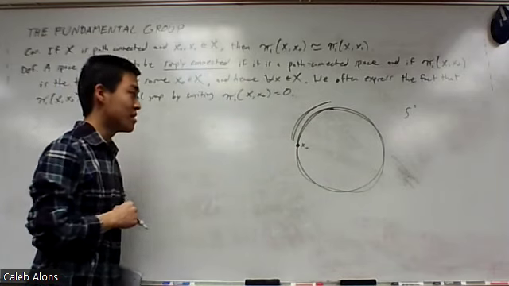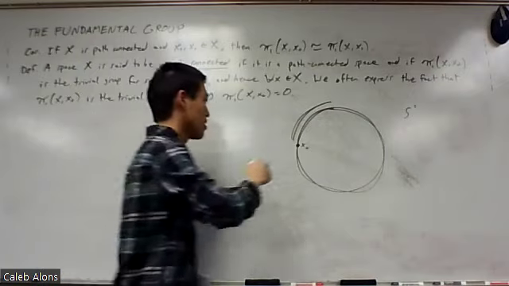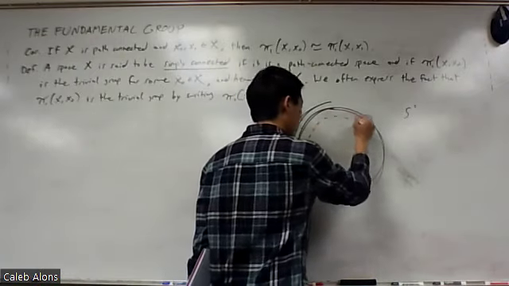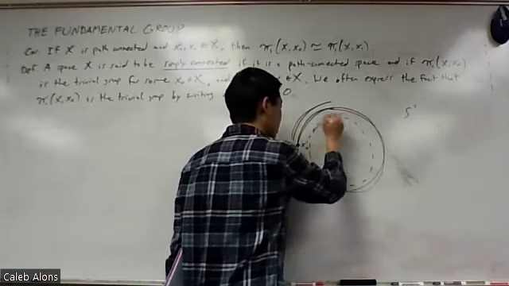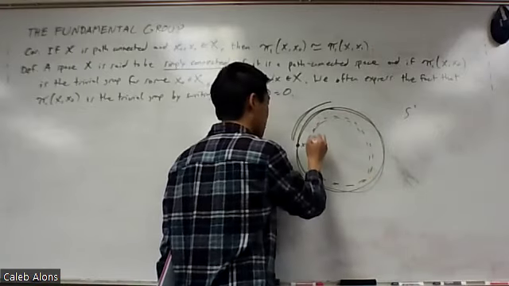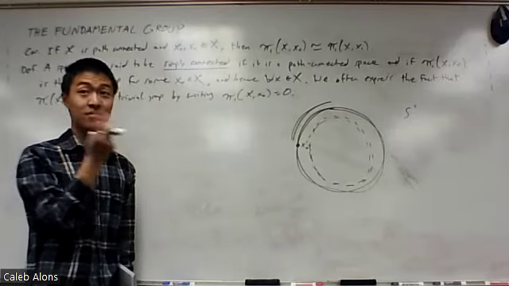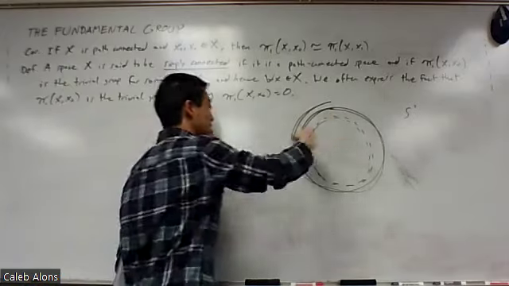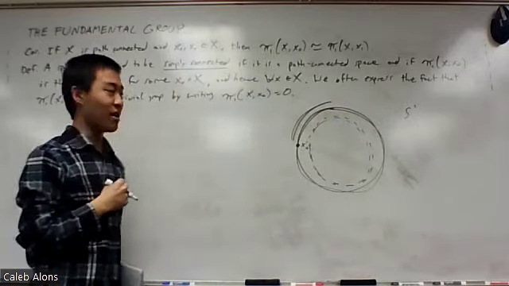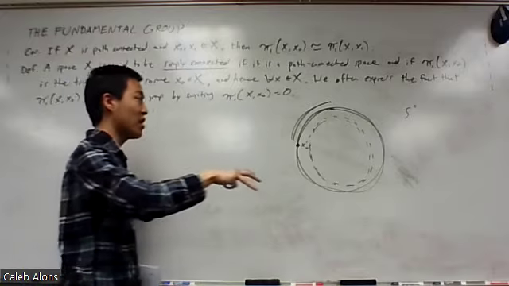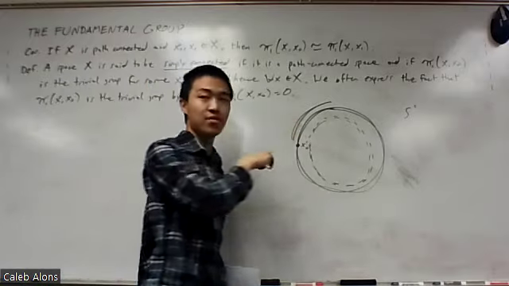And since we're allowed to cross over, what about the times I want to go around twice before stopping? Any number of times that I decide to loop around, every single time I'm getting a type of path that is not homotopically equivalent to these other ones.